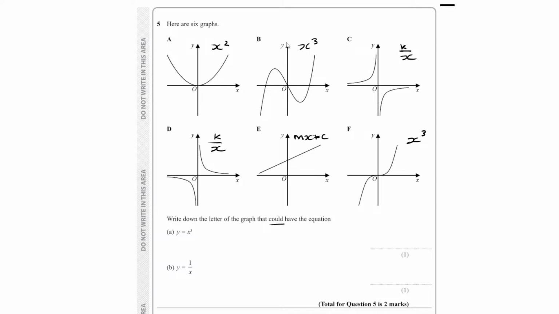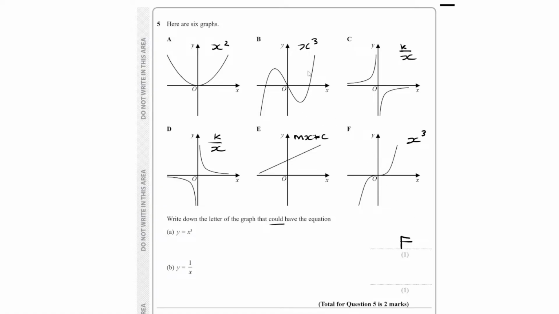So this one is a cubic graph, but it's when you have the whole cubic, like 2x cubed plus 3x squared plus x, when it's got the whole thing, that's like a transformed version. This one is the most basic version of a cubic graph. Do you see why they've just given you x cubed? So I would choose F.